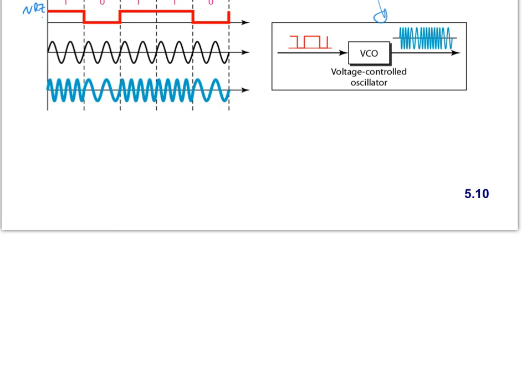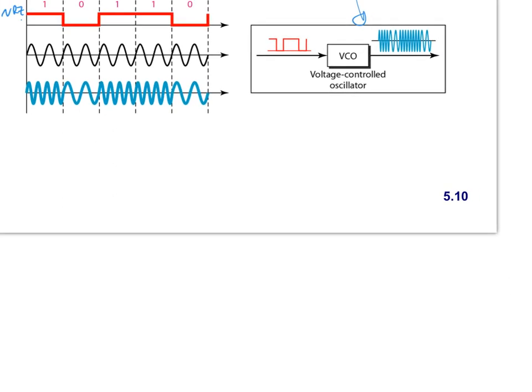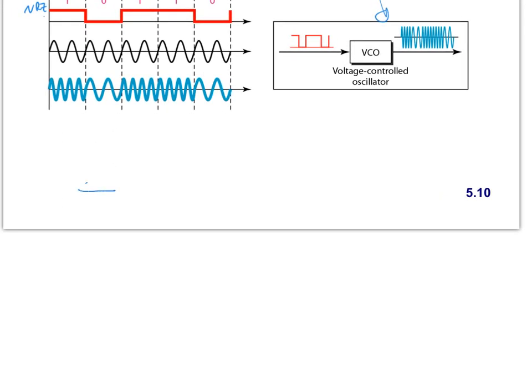So we input this NRZ signal, this is 1 and this is 0, and then 1, 1, and then 0.